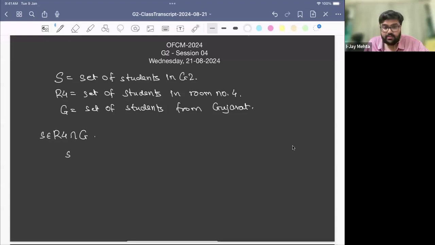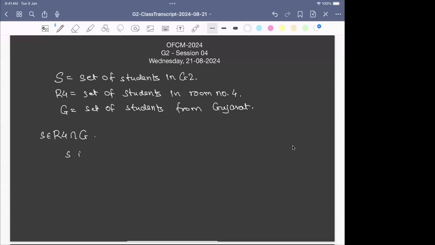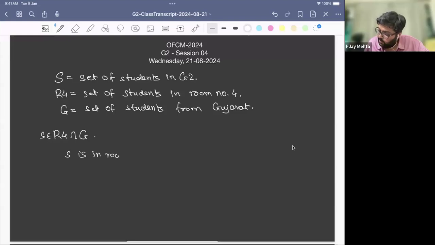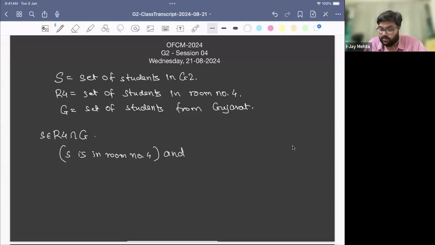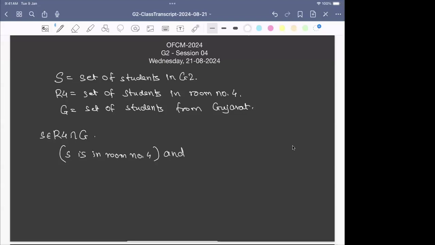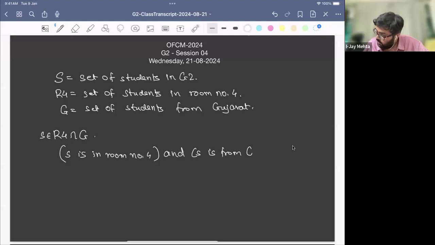S belongs to R4 and S is in room number 4 and S is from Gujarat. Yes, good. Okay, sometimes we just say that S is in room number 4 and from Gujarat.